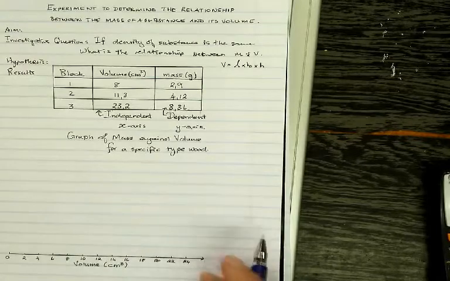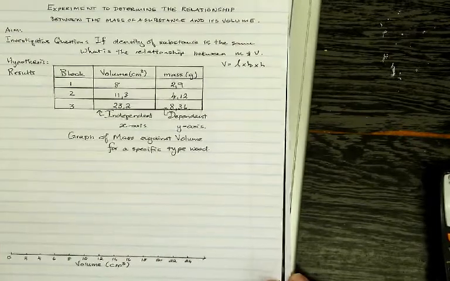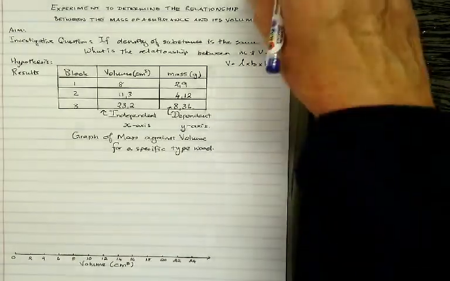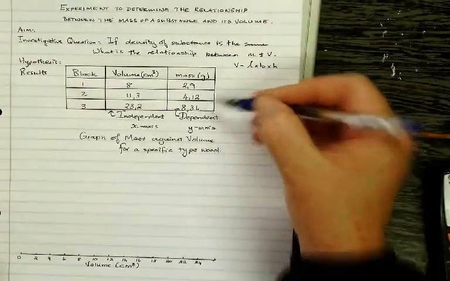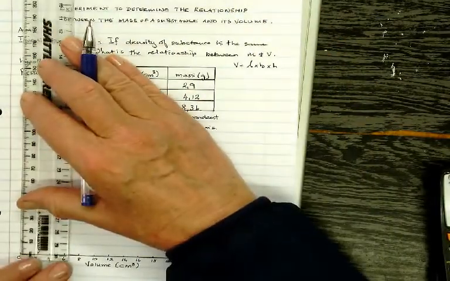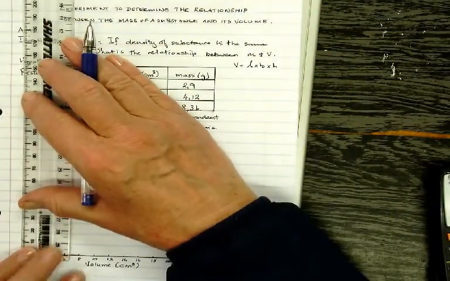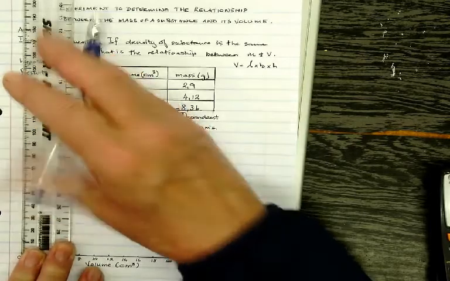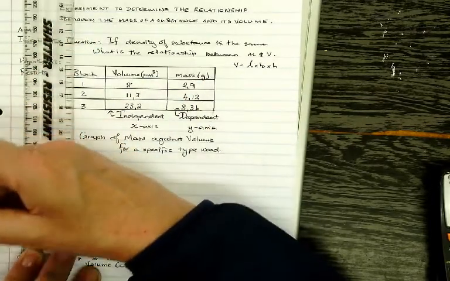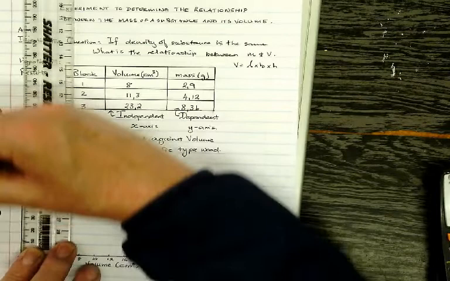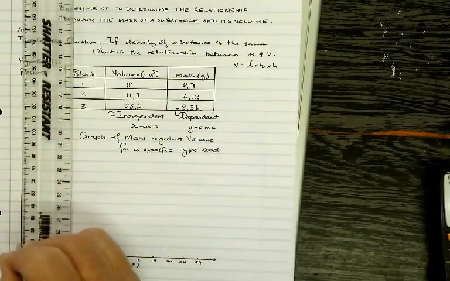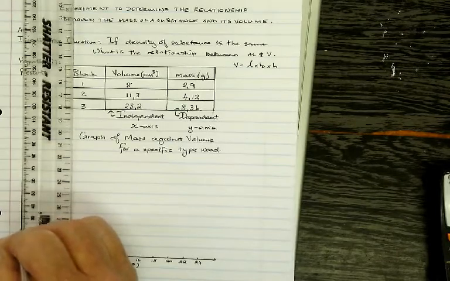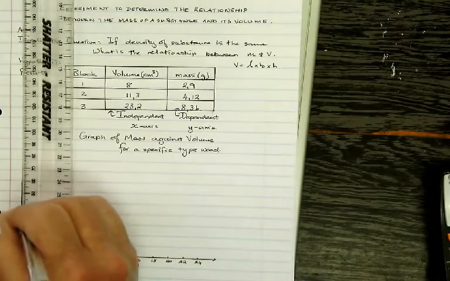The mass axis must be able to go from 0 to 9 units. I can fit 9 centimeters on this piece of paper. So for mass, every centimeter would count for 1 gram.